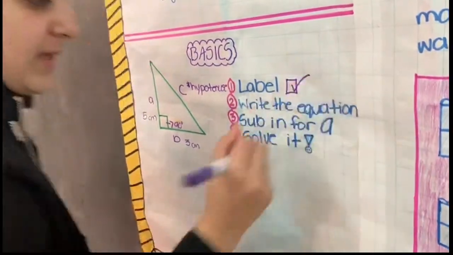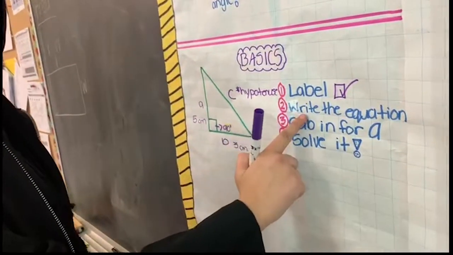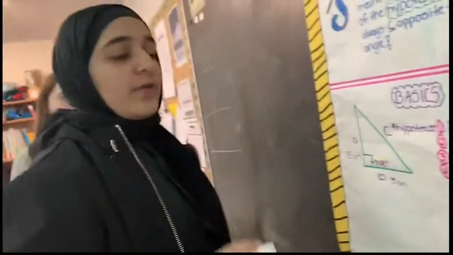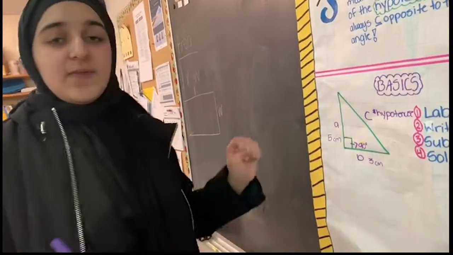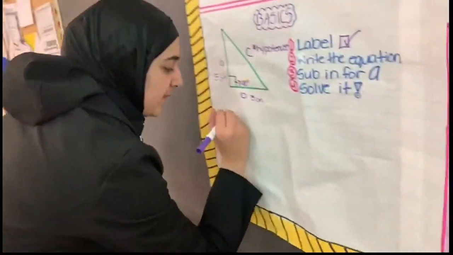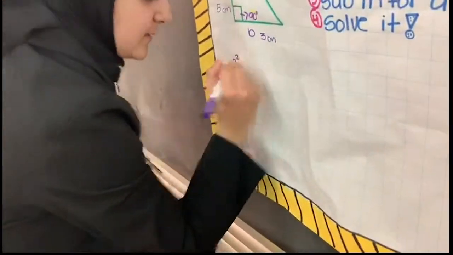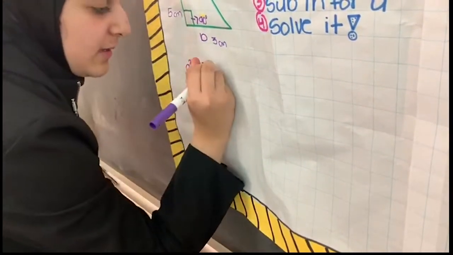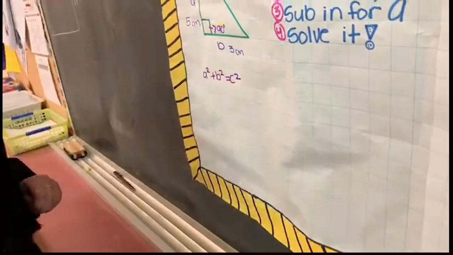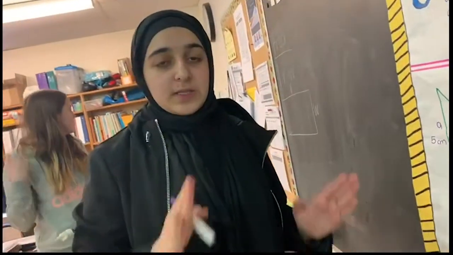So our first step, let's check it off. We have labeled it. Now, our second step is to write the equation. Now, there's 3 different equations when solving a Pythagorean theorem, but in this case, this is our equation. A squared plus B squared equals C squared. Now, A squared basically just means A times itself.